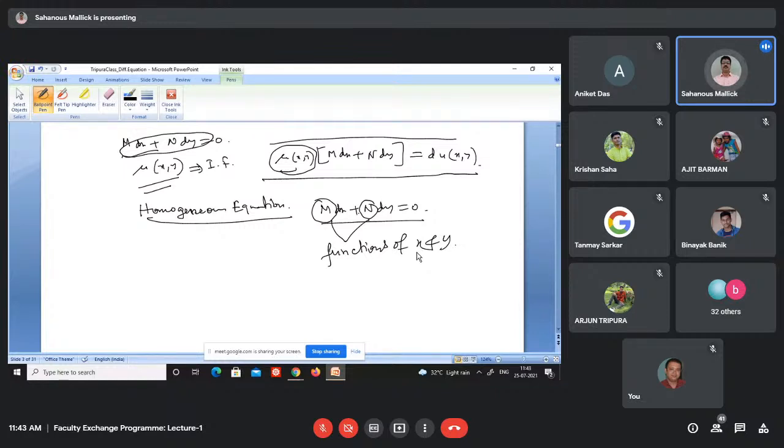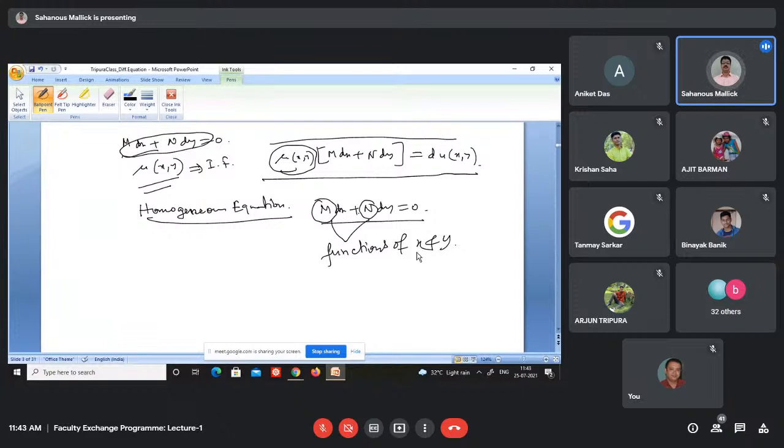If M dx and N dy are homogeneous functions in x and y of the same degree n, then the equation M dx plus N dy equal to 0 is said to be a homogeneous differential equation of degree n.